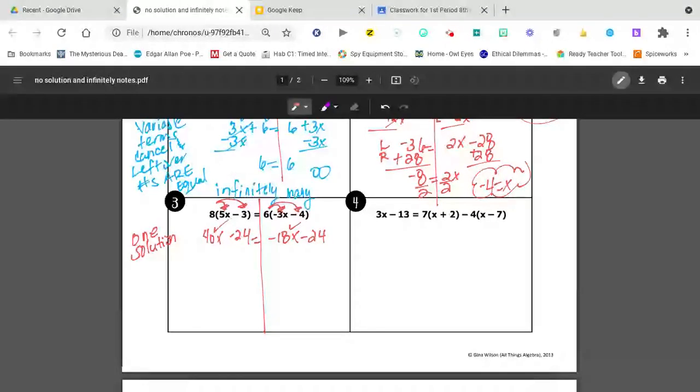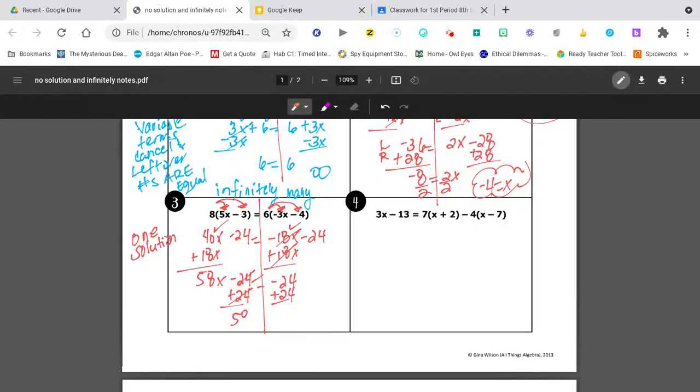All right, so what I want to do is get rid of one of these variable terms. I'm going to get rid of the negative 18x with a positive 18x. Then I have a basic two-step. So I'm going to add 24 to both sides, change the sign of the number that's farther away.